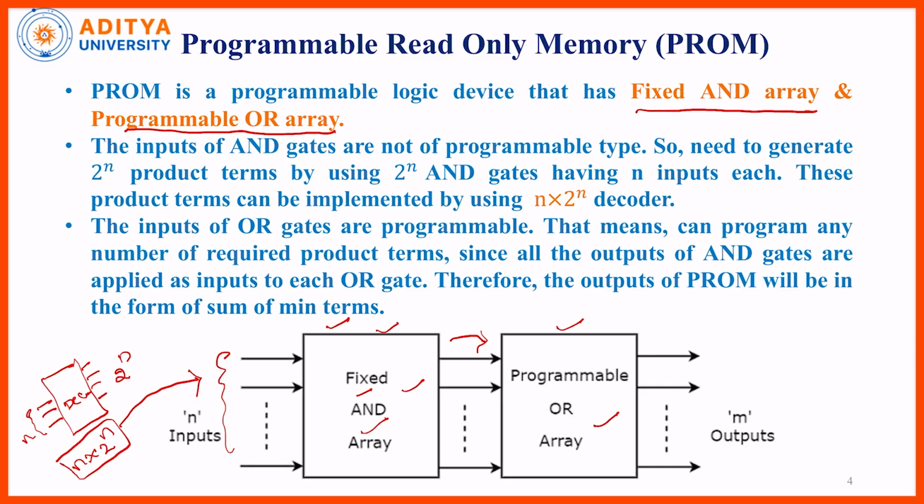The same 2 to the power of n outputs are directly given as the input to the programmable OR array. That means we can use some switches or fuses, which are connected as inputs to the programmable OR array. With the help of these fuses, we can implement any such functions easily, and finally we get the M outputs here. This is the explanation of the PROM.